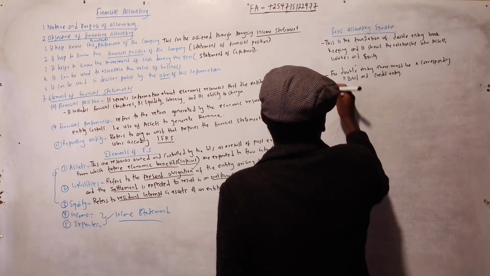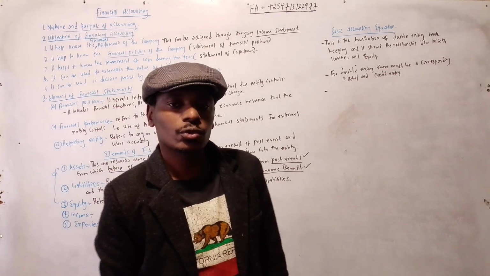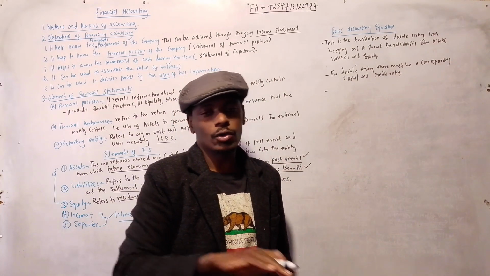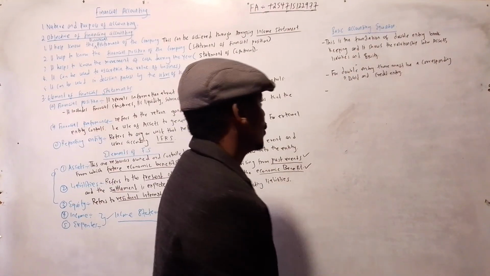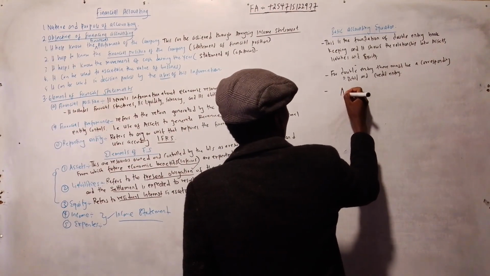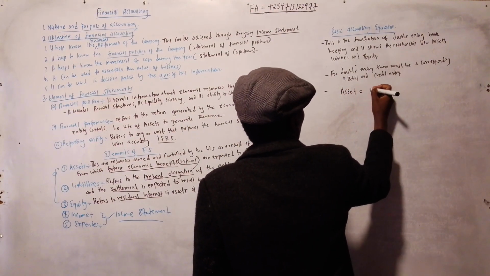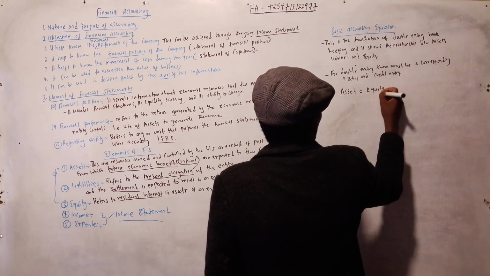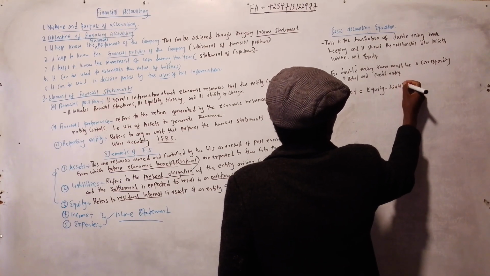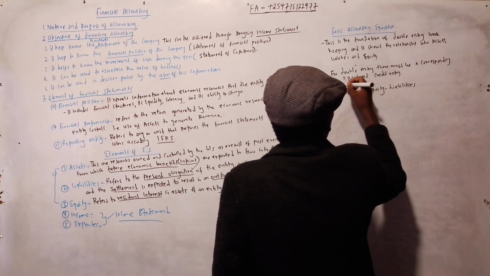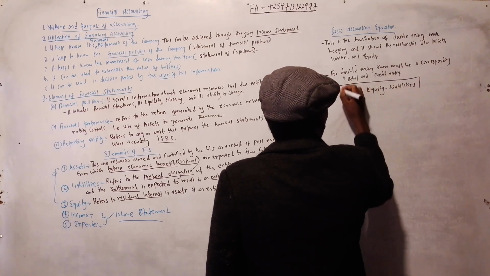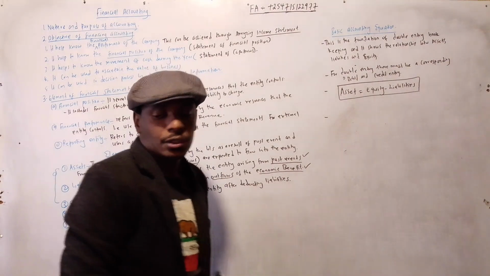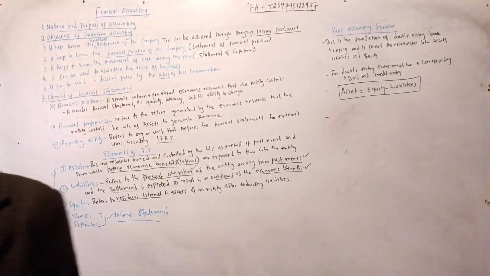For now, you just know that for every transaction there is an account that will be debited and an account that will be credited. Now this is the simple basic equation: assets equals equity plus liabilities. This is what we shall be using until you finish the accounting.